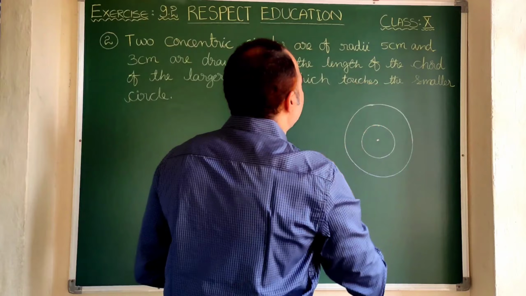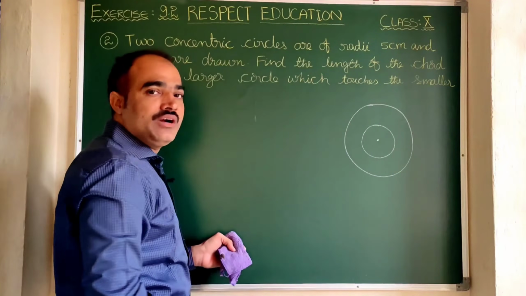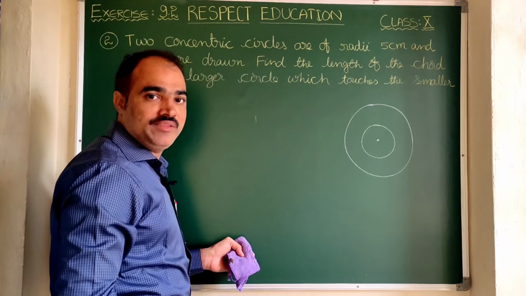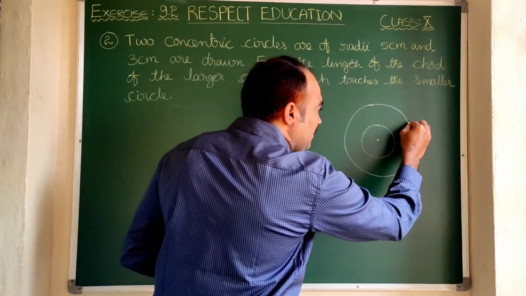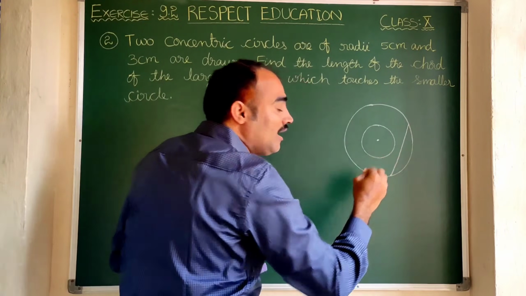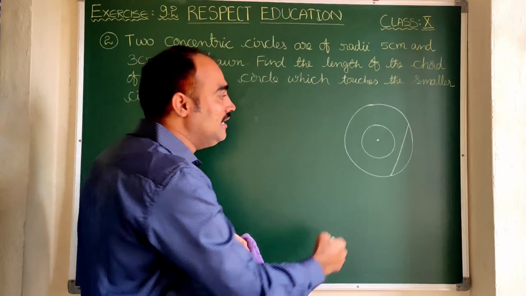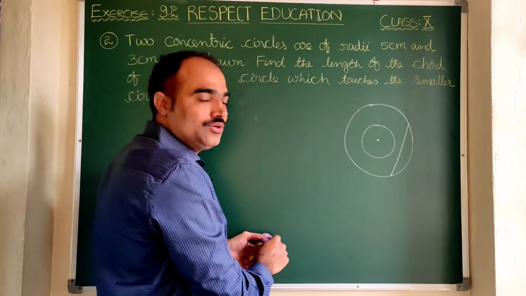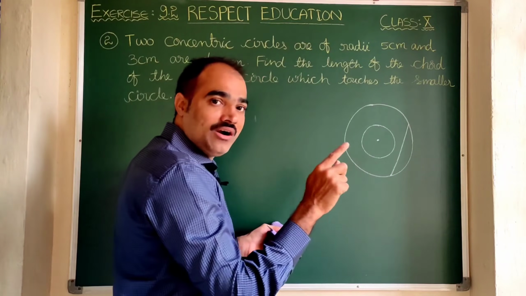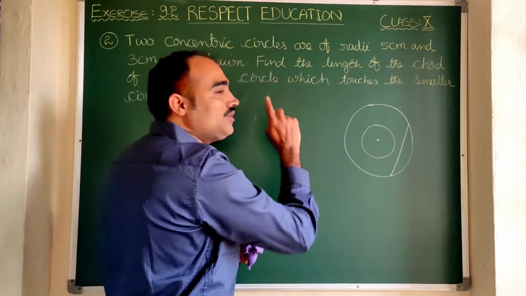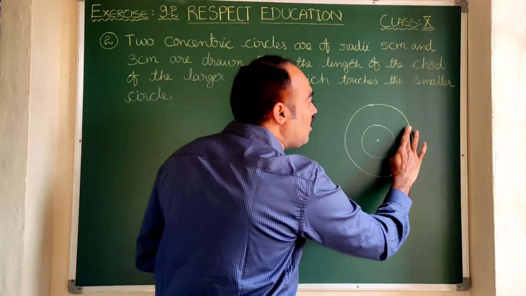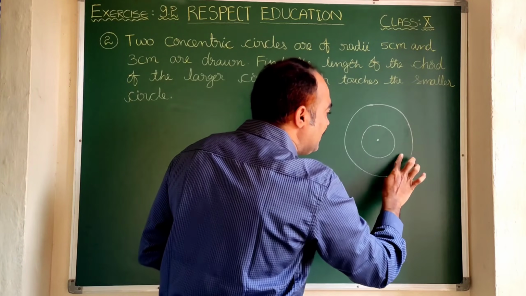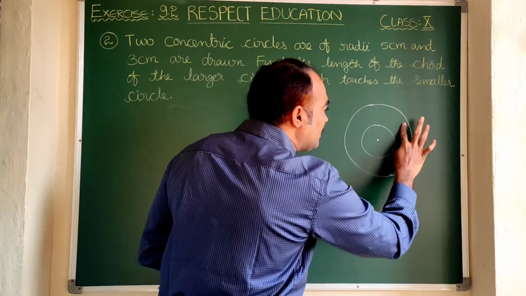So here we need to find the length of the chord of the larger circle. Here you see, if you draw the chord like this, it will be a chord. But the condition is that this chord should touch the smaller circle. So here we can draw the chord like this, but for this particular question, this kind of chord cannot be drawn. So this is not the suitable chord for this question.